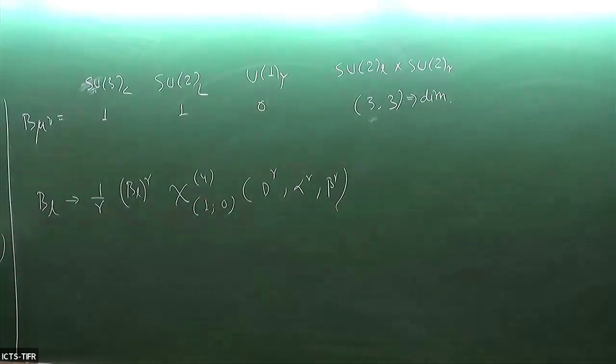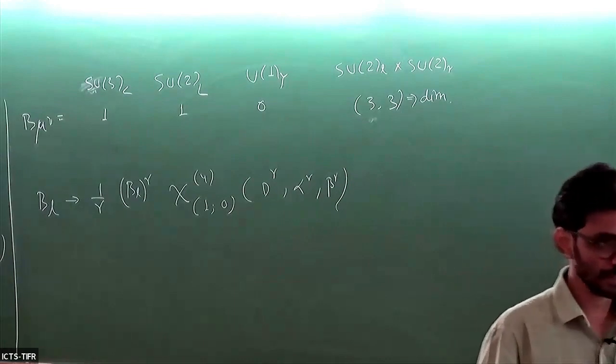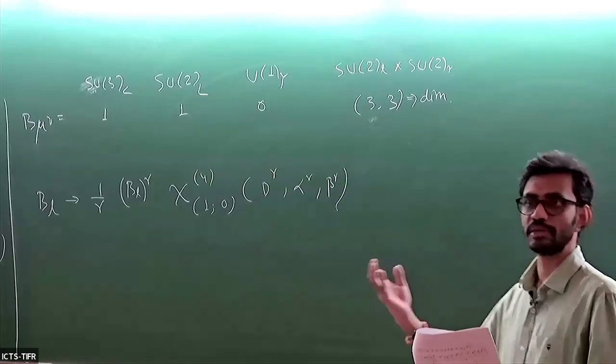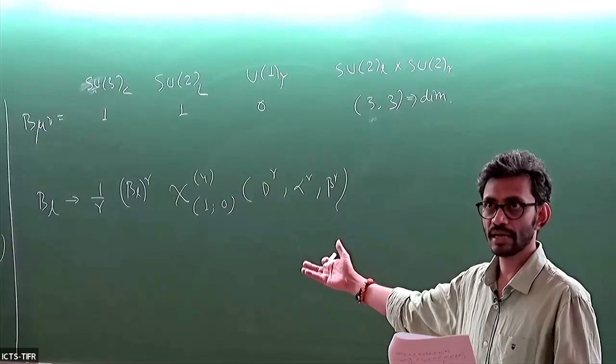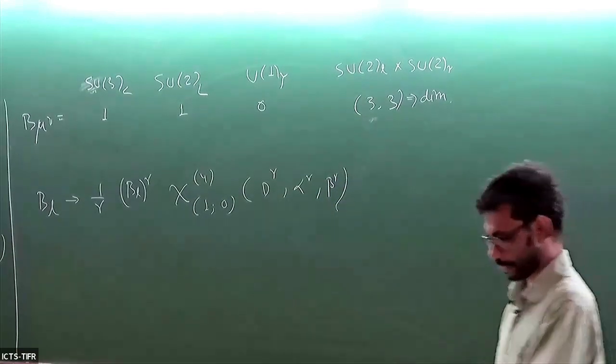So when you are working in an SU2L cross SU2R basis, you have to define the characters for the left-handed objects and the right-handed objects separately. And that is true for any non-zero spin. This is one of the examples of field tensor. And then you do that thing for the fermion and all those things.